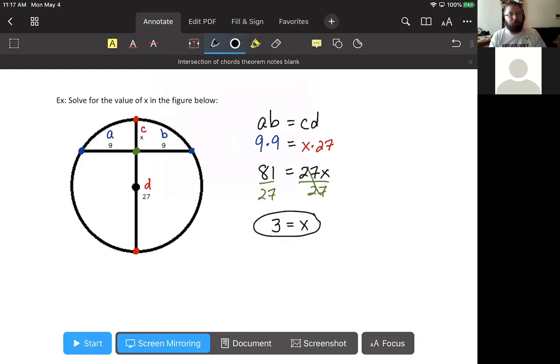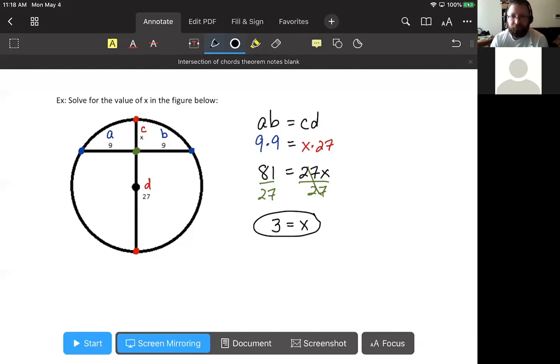Okay, so what I'm saying here is this rule applies to any two intersecting chords in any circle. It doesn't matter if those chords are diameters. It doesn't matter if they're straight up and down, straight left and right, if they intersect right next to the edge of the circle. What it boils down to is this is always true.